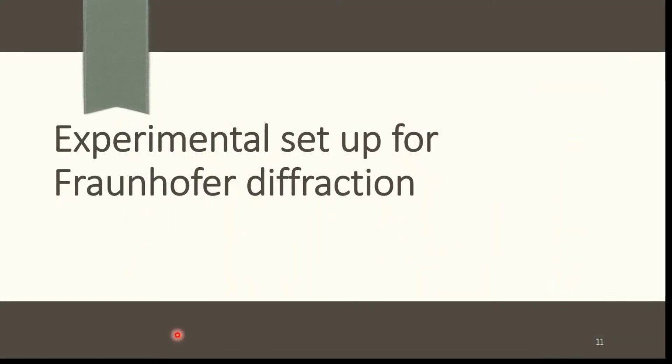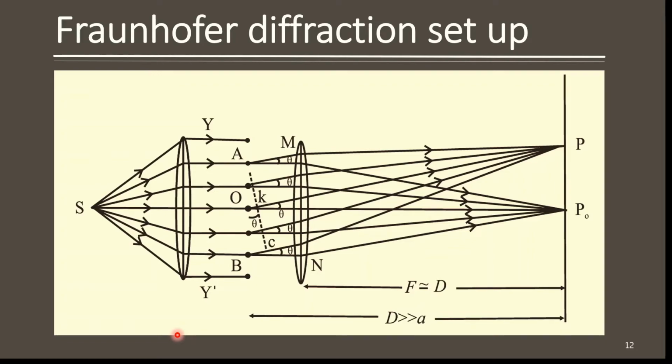Let us consider the experimental setup for Fraunhofer diffraction. See the figure. A monochromatic source of light, S, is at the focus of the converging lens. The emerging beam will consist of parallel rays, resulting in a plane wavefront.